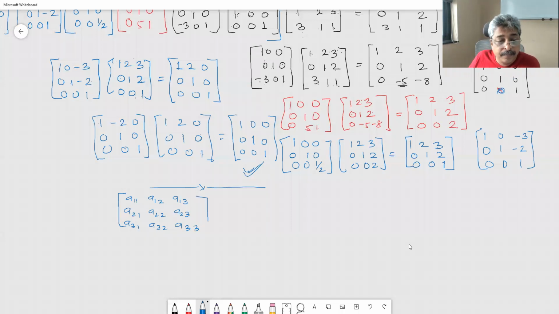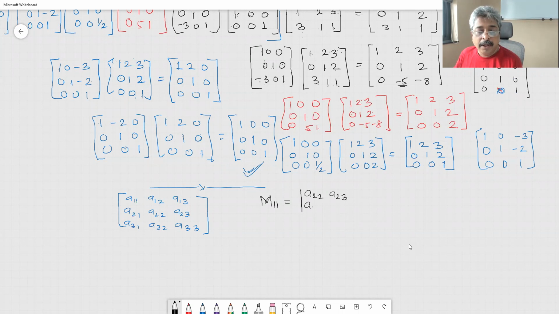Then in this notation, capital M11 is the determinant of A22, A23, A32, A33.